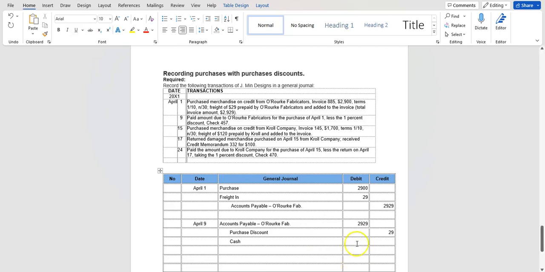Then our cash payment is going to be $2,900, taking into account this purchase discount. That is $2,900 times 1%, so that's how I got the $29. That completes that journal entry.